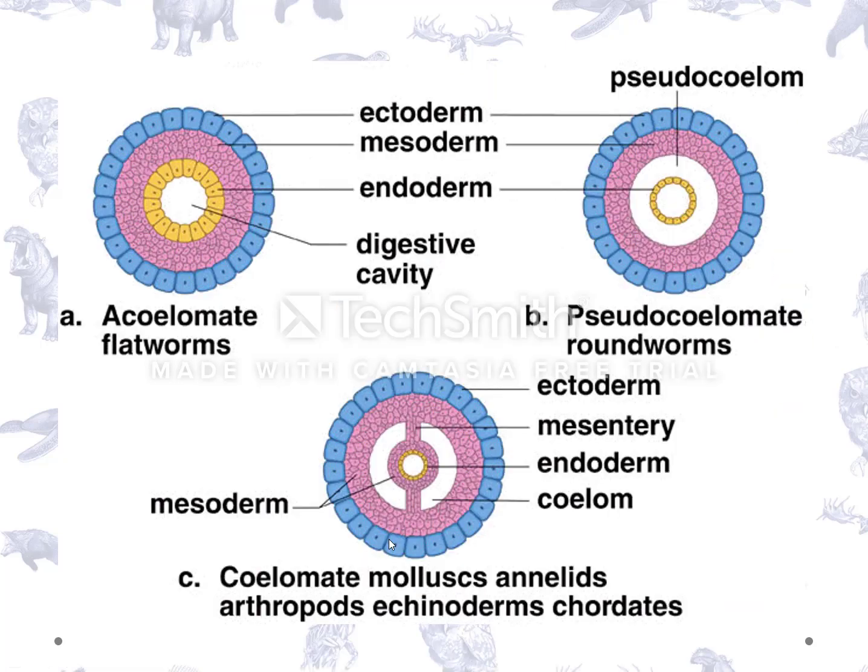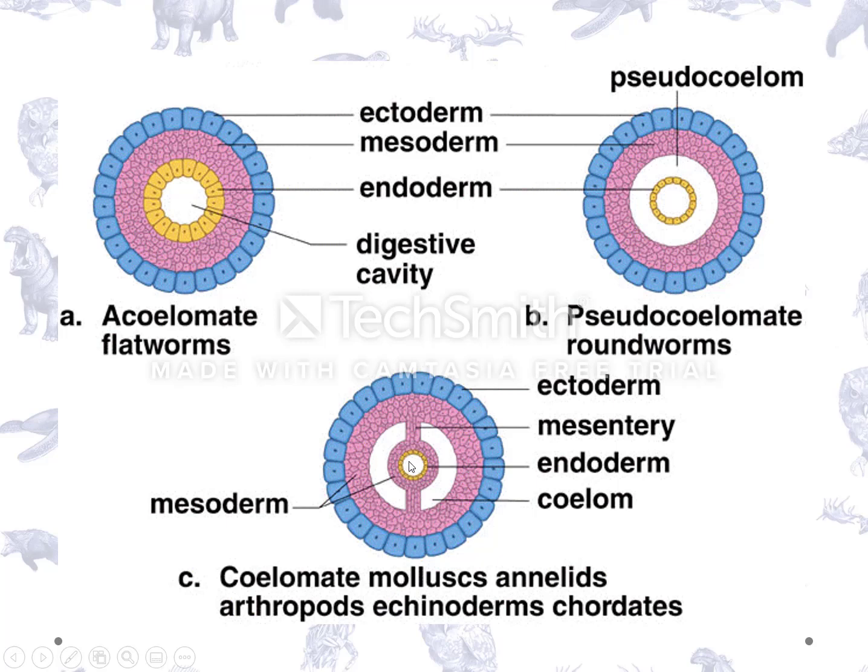Right, so this is just a repeat again. Here you can see no coelom. Here you can see a pseudocoelom. If you look here, this yellow layer is the endoderm, and the pink layer is the mesoderm. You can see that between the endoderm and the mesoderm, there's a layer. So that is a pseudocoelom.